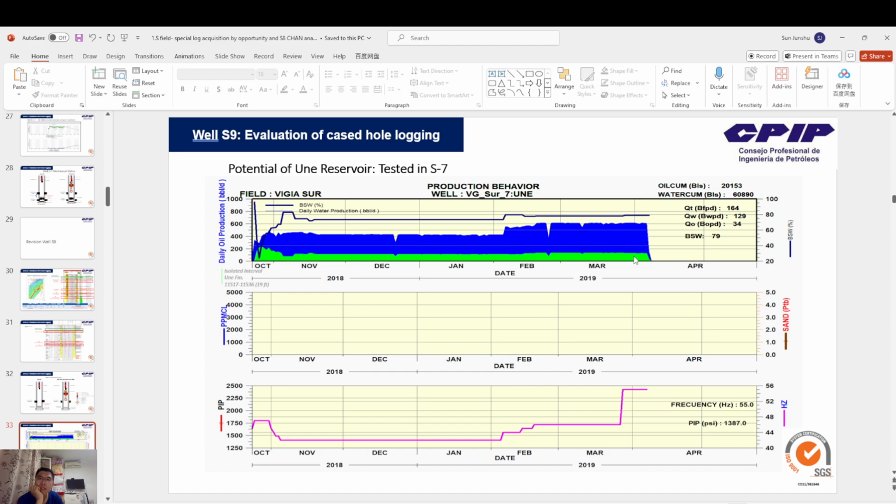This is the S7 production history, produced from 2018 with around 200 barrels per day, but high BSW from the beginning. Because in this well, the Wuni oil water contact was close.